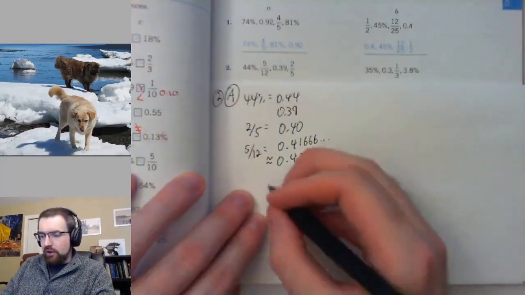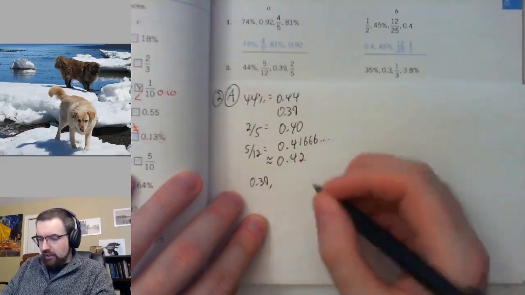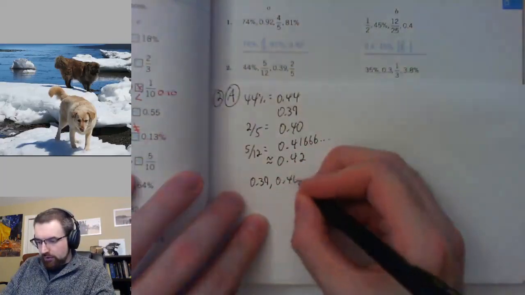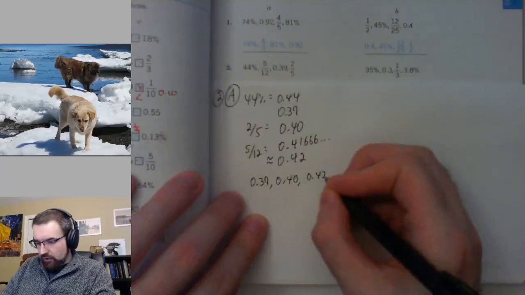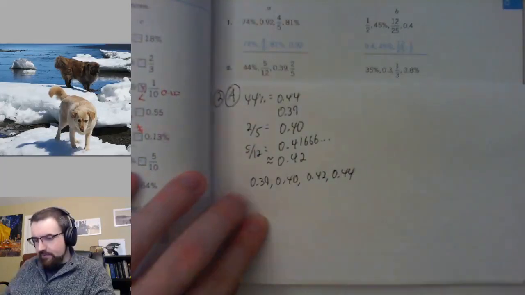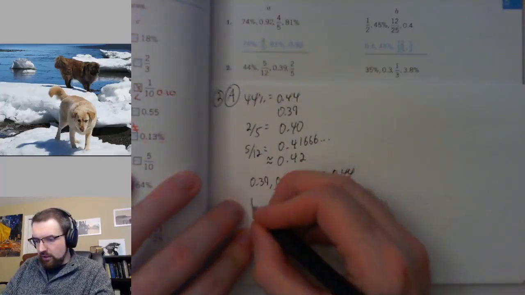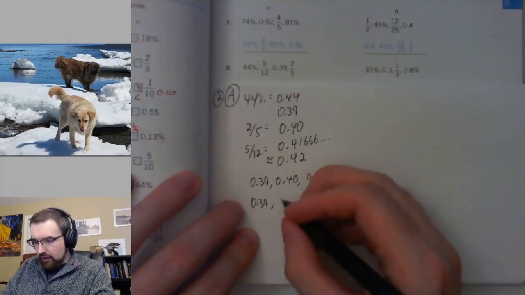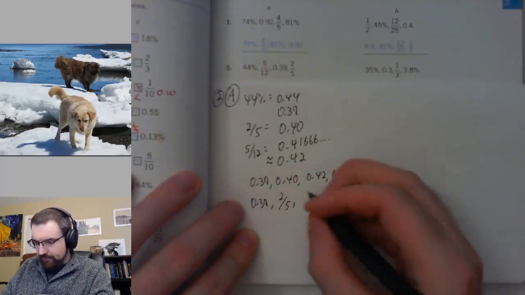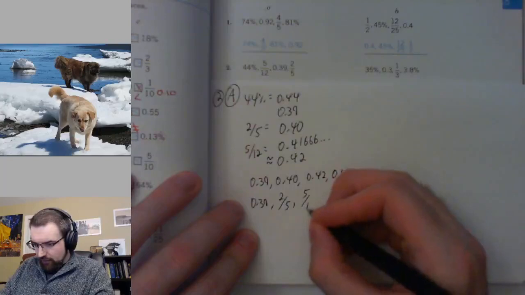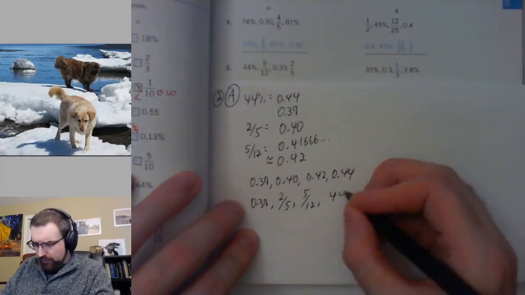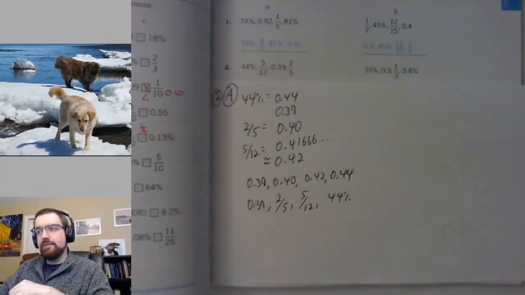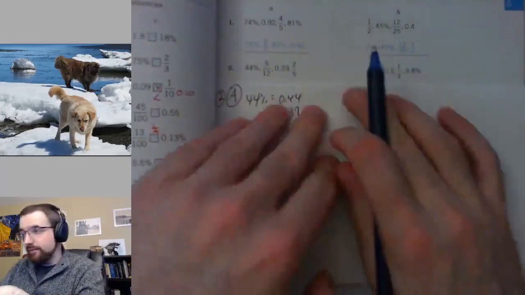So now in order, it's going to be 0.39, and then 0.40, then 0.42, then 0.44. Or it's going to be 0.39, then 2 over 5, then 5 over 12, then 44%.